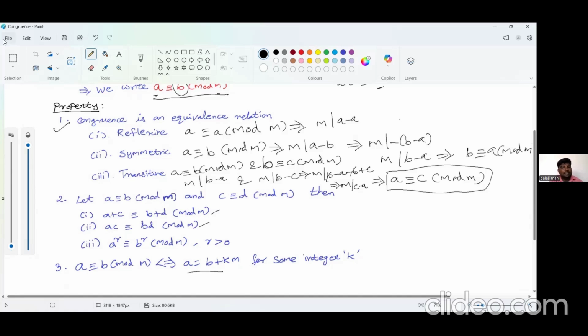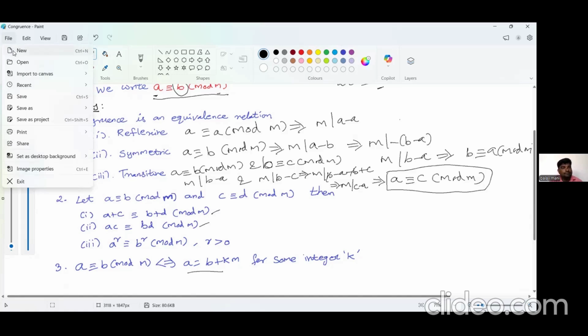Next, we will see problems on congruence.